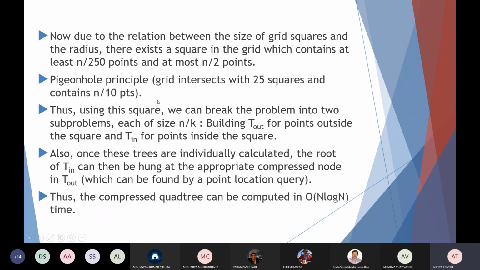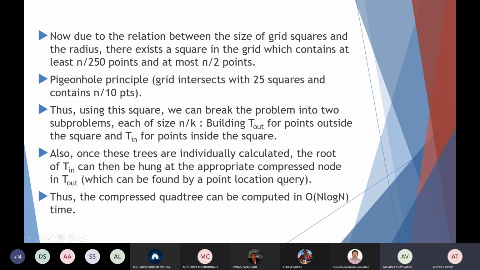So we have reduced the square to having n by k points, right? If it's between this, it can be written as n by k. Now, suppose we can build the tree for points inside the square. Call this T in, and for the rest of the points, we build T out. Assume we can build both. Now we have to merge this solution. How will we merge it? We'll find where T in has to be hung in T out, and this can be done by a point location query, which will run in O(n) time.